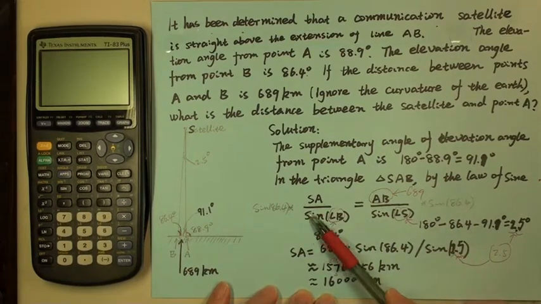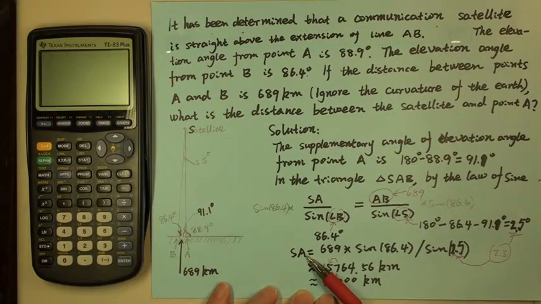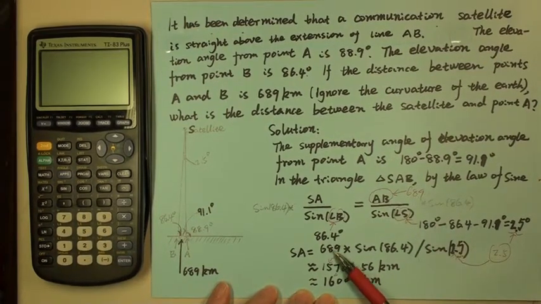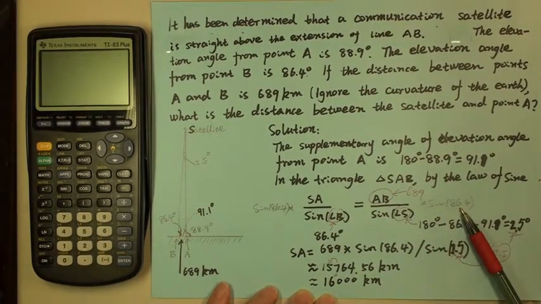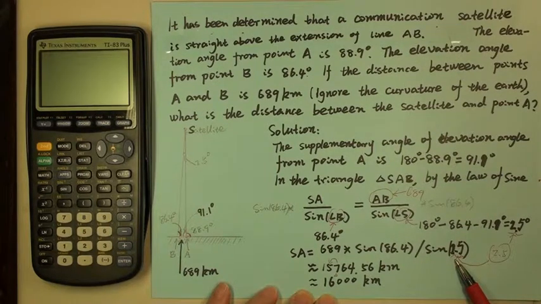Then you may cancel this with this and let SA stand alone on the left. So it's 689 times sine 86.4 divided by sine 2.5 degrees.